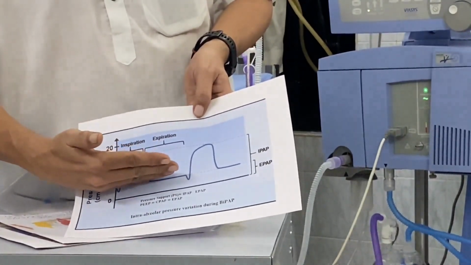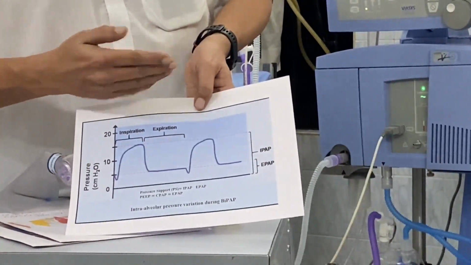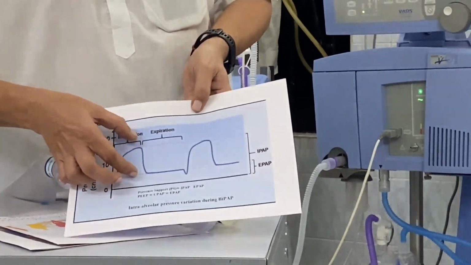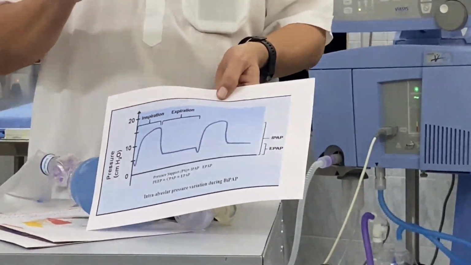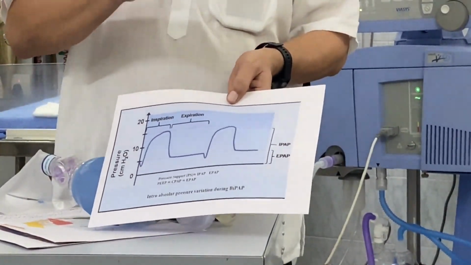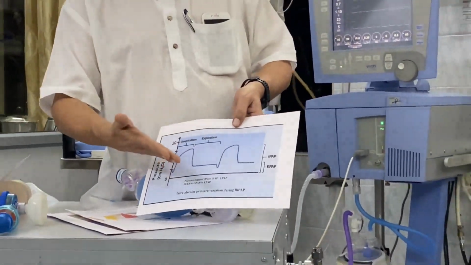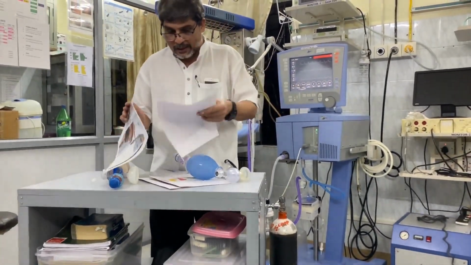So either you can decrease the PEEP, or you increase the PIP and increase the difference between PEEP and PIP, and you will get more tidal volume. That is the way you increase the tidal volume, either by increasing the respiratory rate, or by increasing the PIP or decreasing the PEEP. So this is the basics of ventilation.